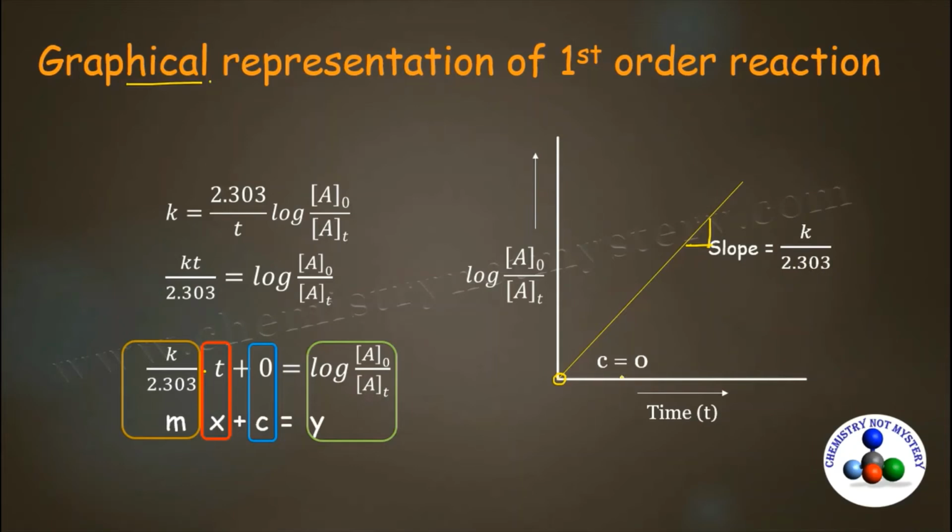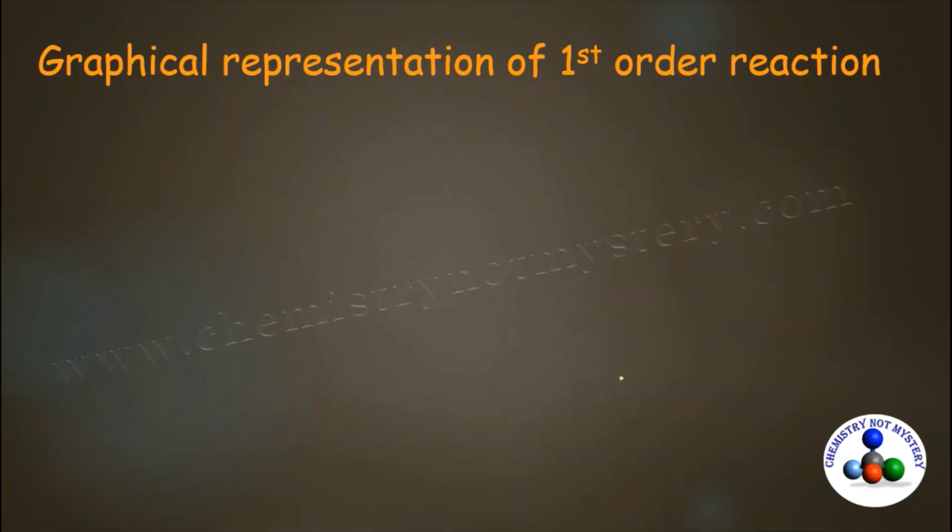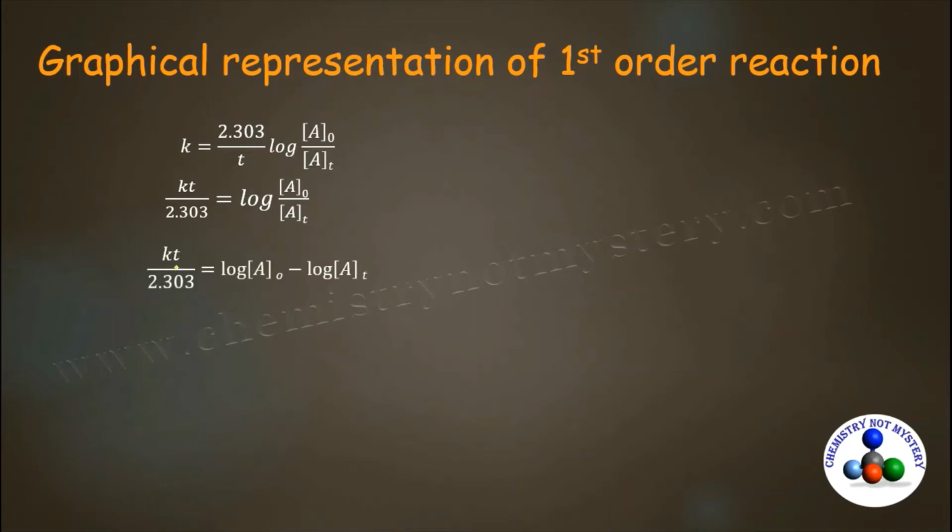Now come to another graphical representation of first order reaction. Same equation, but we are going to rearrange it in another way. When you rearrange the equation, you will get kt over 2.303 is equal to log A naught over At. When you expand this equation, you will get kt over 2.303 is equal to log A naught minus log At.